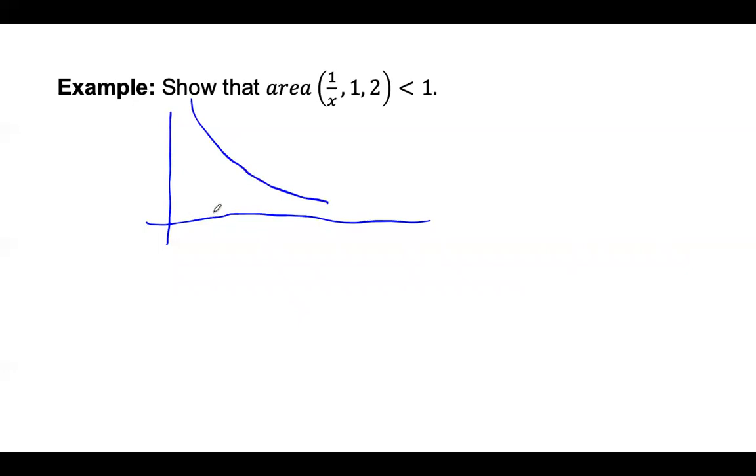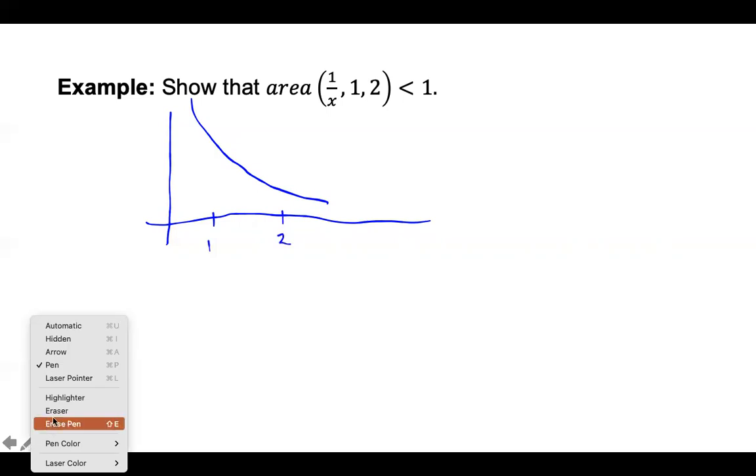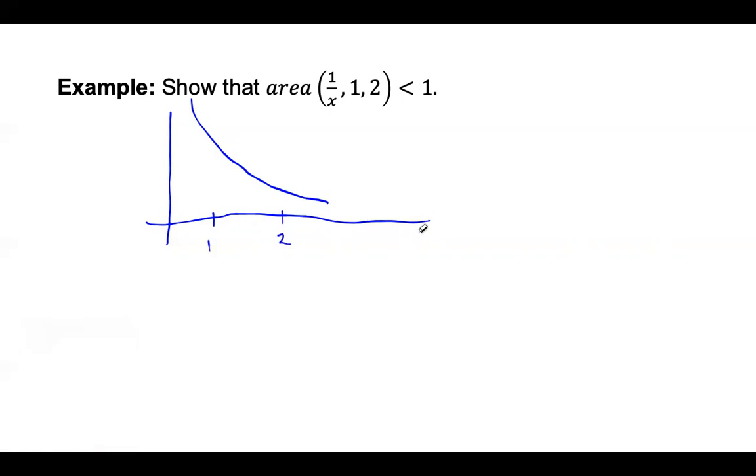So from, let's say, 1 to 2, this area under this curve is less than 1.